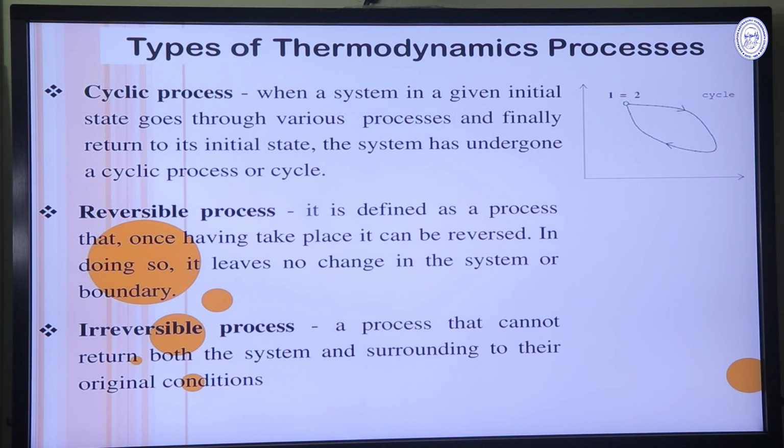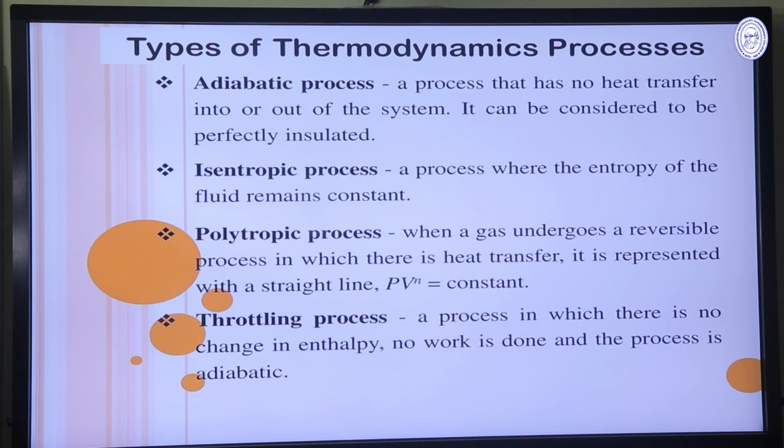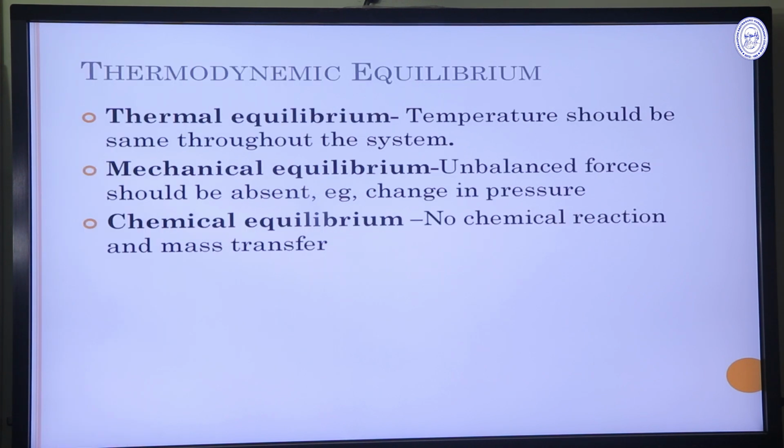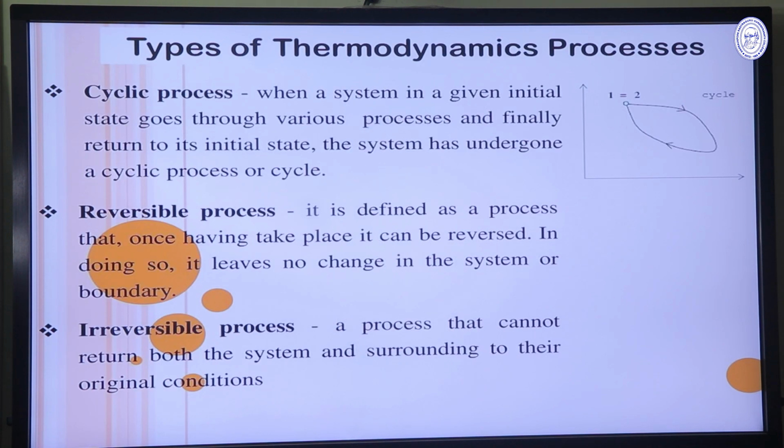So, depending upon those, we need to know what are the different types of thermodynamic processes that are happening in those thermodynamic reactions. So, what are these? These are the cyclic processes, reversible processes, irreversible processes, adiabatic processes, isentropic processes, polytropic processes, throttling processes. Okay?